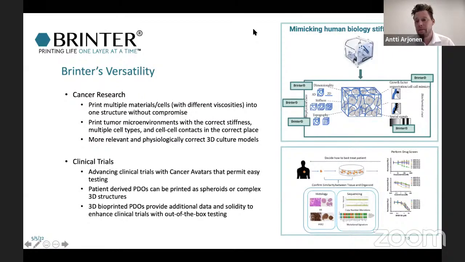And from my point of view, this is the best way to use 3D printing technology in the future, especially when talking about cancer. So we could use patient-derived organoids or patient-derived material to test if some kind of drug care is useful or not useful.